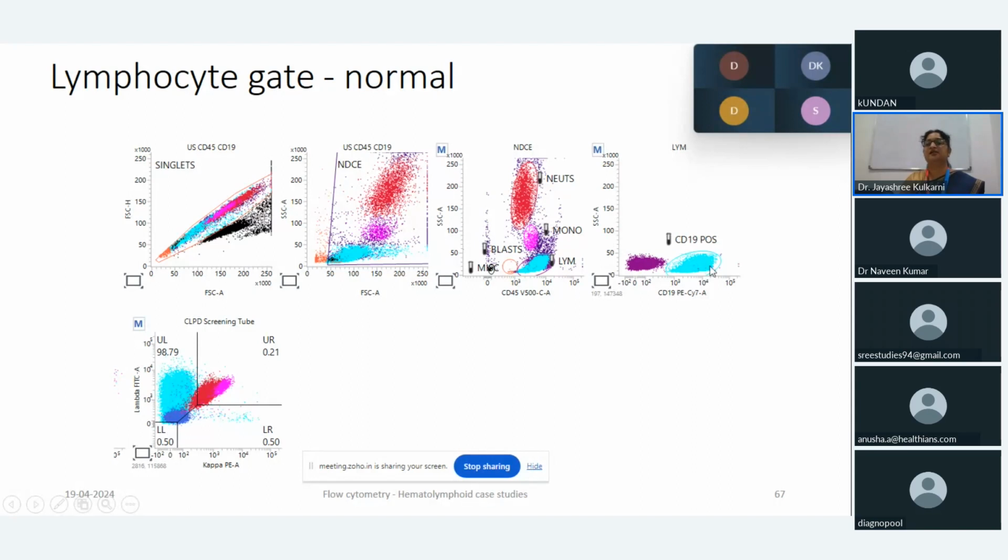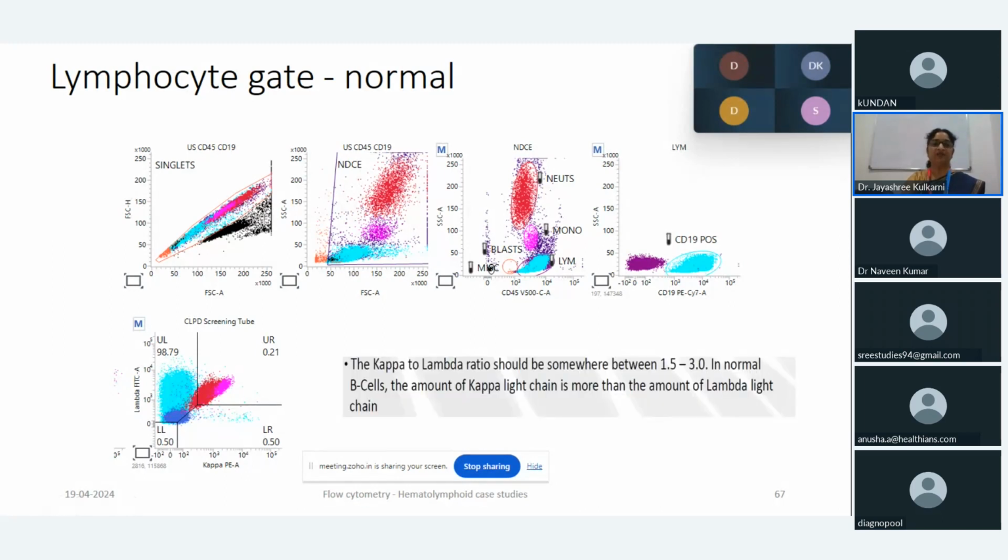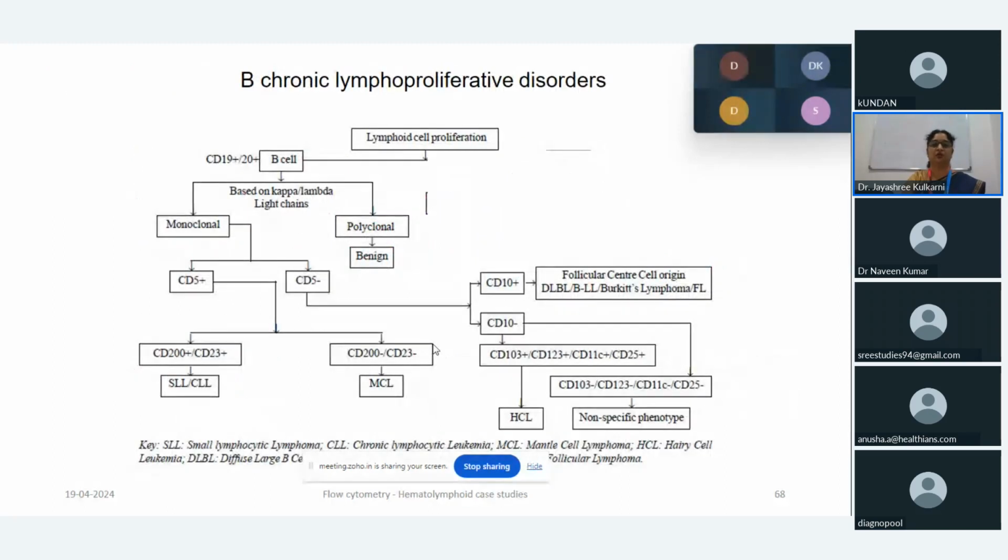And these will be your abnormal lymphocytes. Once they are abnormal, you look at your kappa lambda ratio to see whether they are a clonal population. So as you can see, 98% of the cells are showing only lambda restriction. With this, you know you are looking at a chronic lymphoproliferative disorder, which is a neoplastic clone.